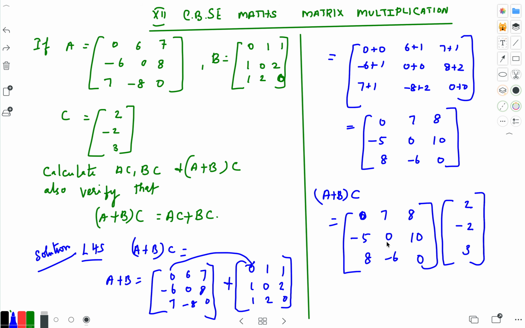To multiply two matrices, first we have to find the order of the matrices. This is 3 by 3. This is 3 by 1. To multiply two matrices, the number of columns in the first matrix must be equal to the number of rows in the second matrix. Here these two are equal, so (A plus B) into C is defined.